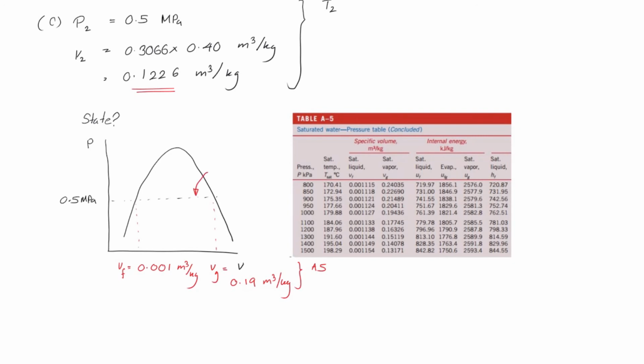So this is saturated mixture. For a saturated mixture, temperature is dependent on pressure. Temperature is equal to T saturation at P2. So we can find this temperature using our table A5, that is 151.